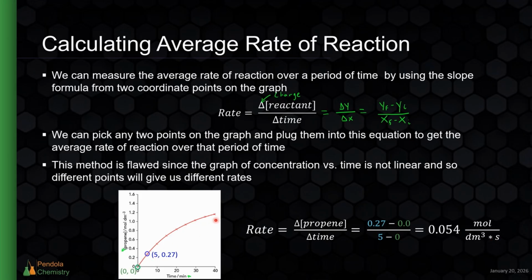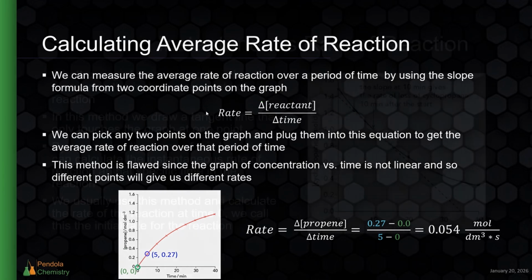But if I were to do the exact same math up here with these 2 points, that will be a much smaller rate because the reaction up here has slowed down since the concentration of the reactants is smaller. So that's the average rate of a reaction that we can get from data points on the graph. But again, this is flawed and not used that often.